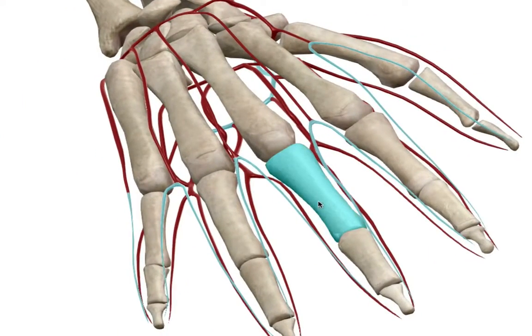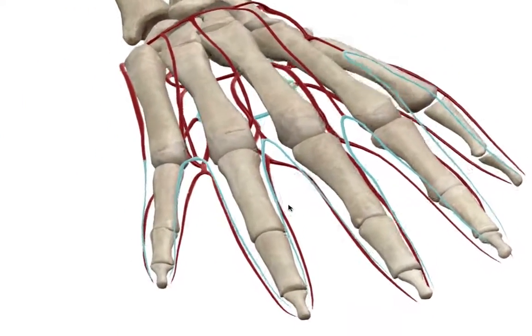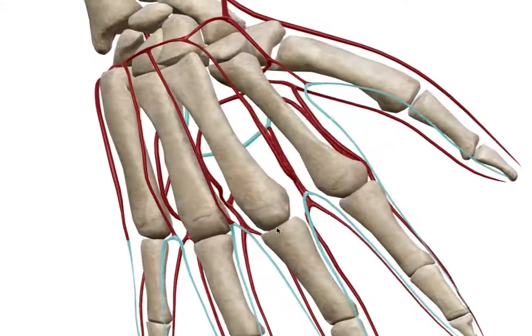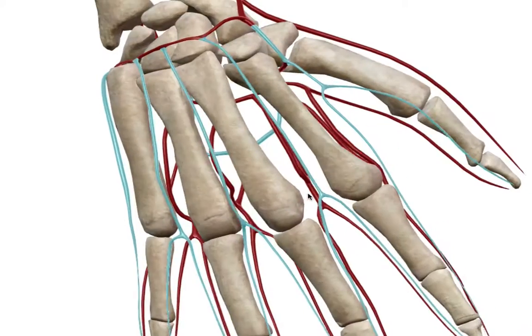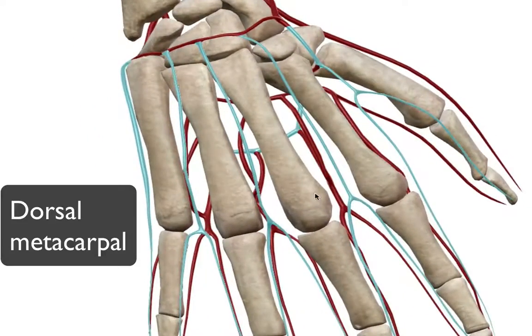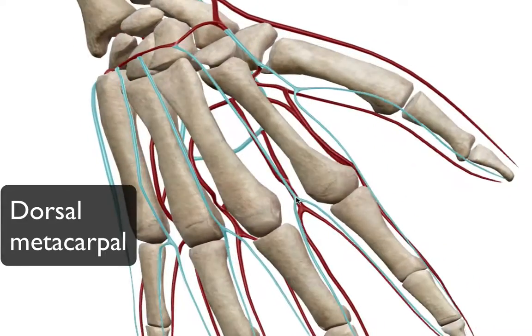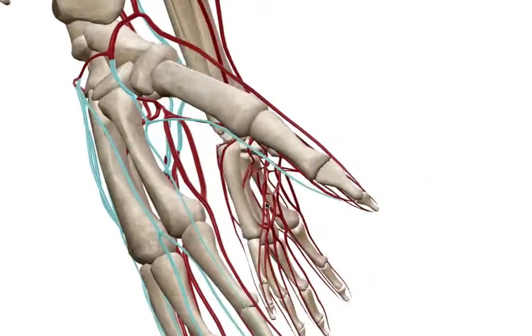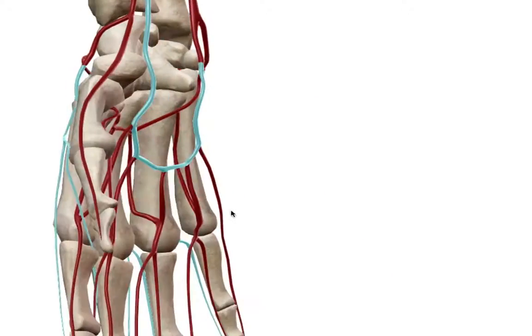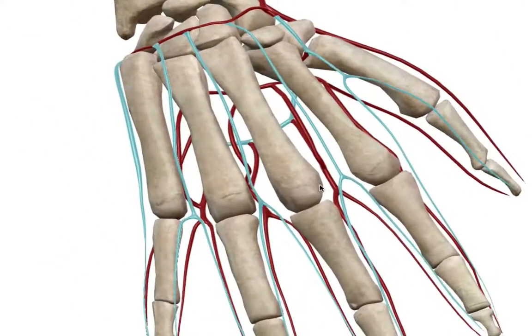And then the ones that are still highlighted are your dorsal digital. So then the artery that's just above those, okay, they're going in between your metacarpals. This is your dorsal metacarpal arteries. Okay, so those are the arteries that I want you to focus on for this particular part of the body.